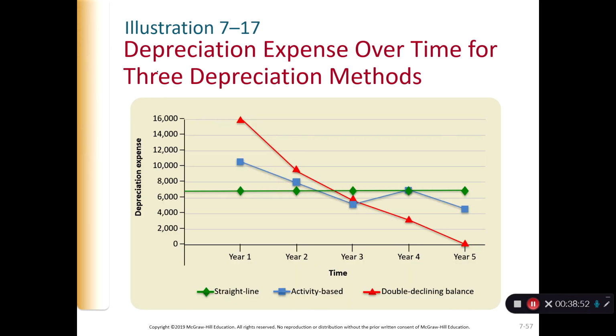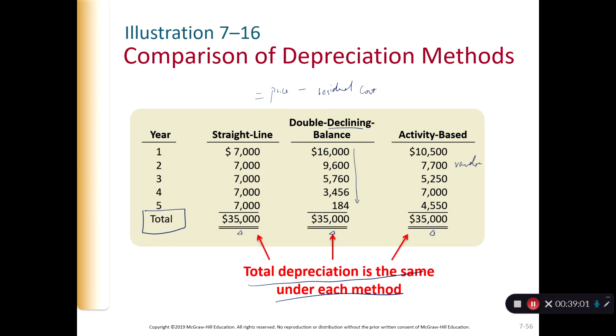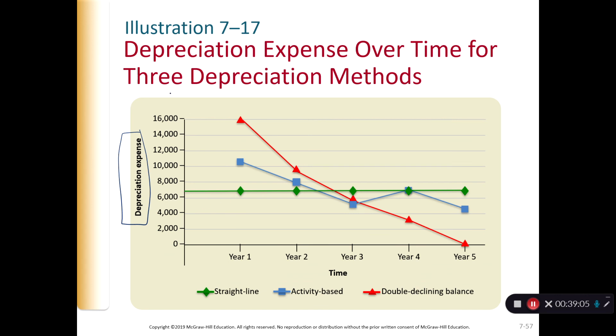And then I want to draw this graph to show you actually what we're doing here. If I draw the depreciation expenses, you see the y-axis is the yearly annual depreciation expense, and the x-axis is the time, right?